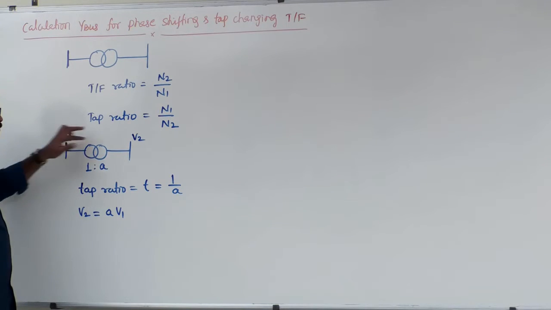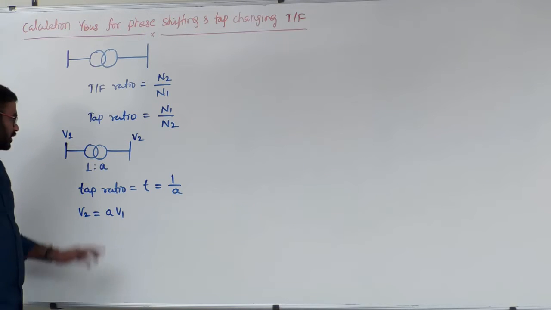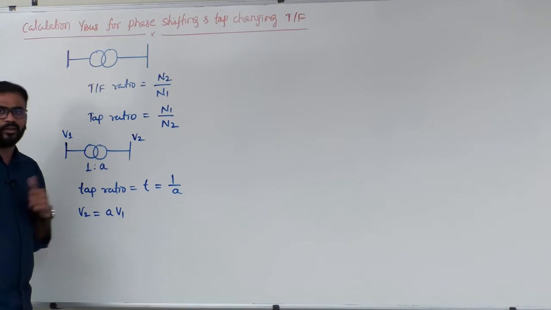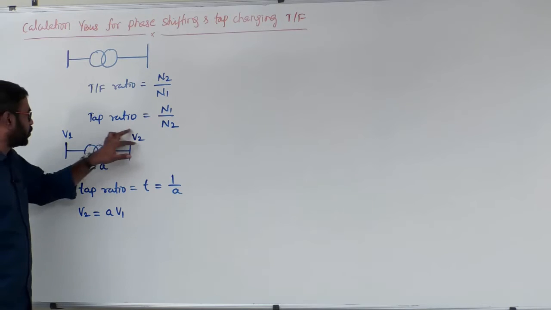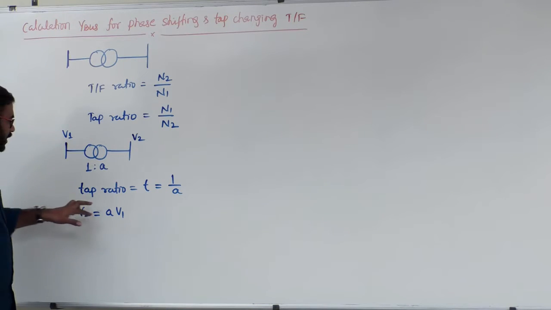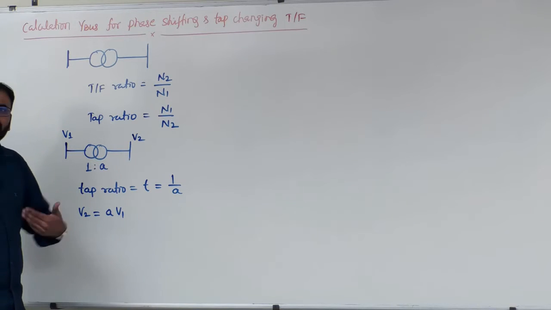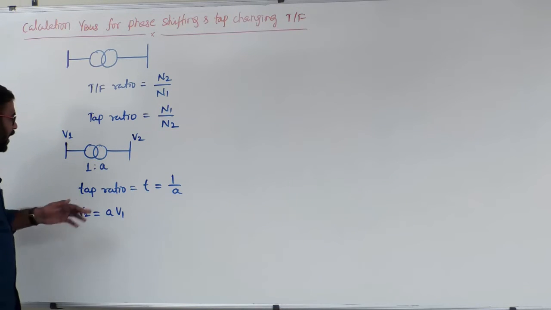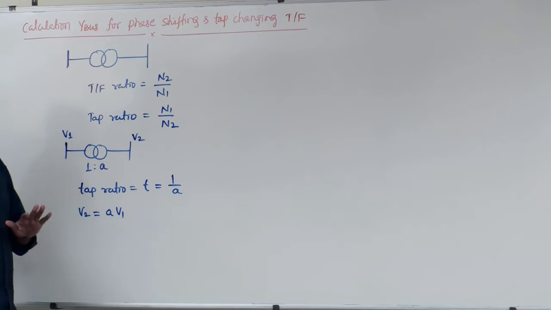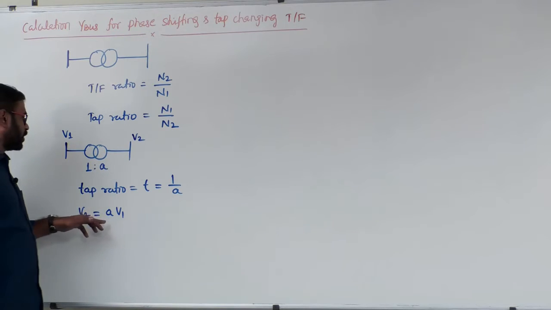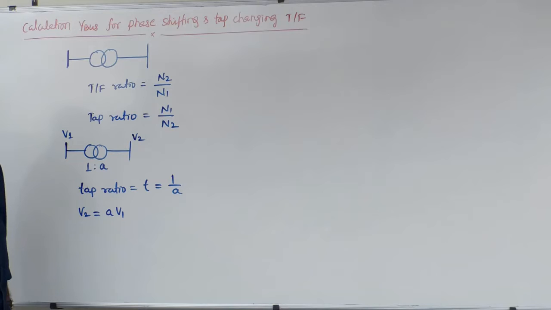If you want V2 per unit equal to V1 per unit, then A is 1. If you want V2 less than V1, then A is less than 1 and T is greater than 1. Depending on the control strategy, the value of A or T will change. But V2 equals A times V1, we can write that.